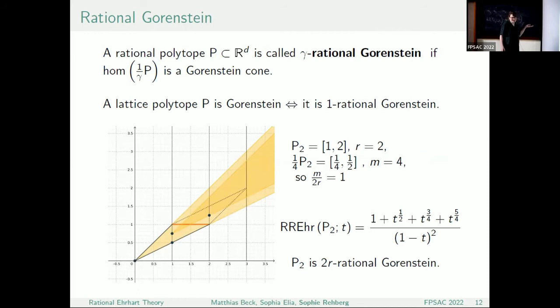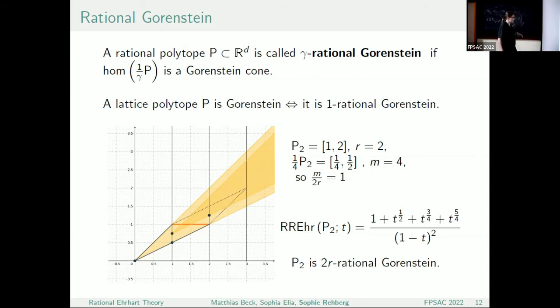We are not sure whether this tells us something interesting, but anyway, it's easier to state the definition with some new parameter. But you can think of gamma as always being r or 2r. And then it's easy to see that a lattice polytope is Gorenstein if and only if it's 1 rational Gorenstein, because if we replace gamma by 1, that's just the definition from the slide before.